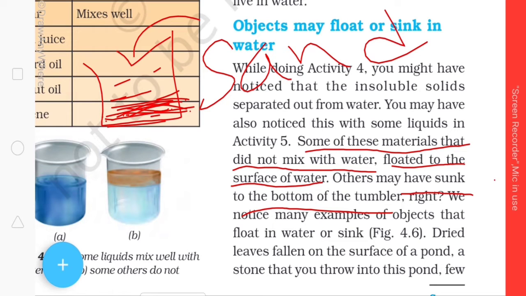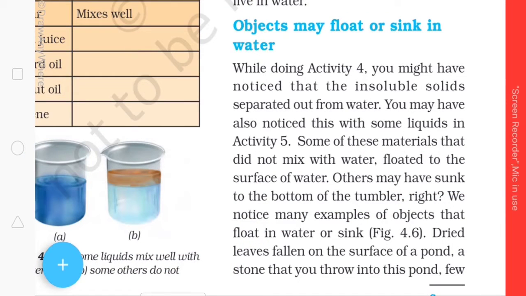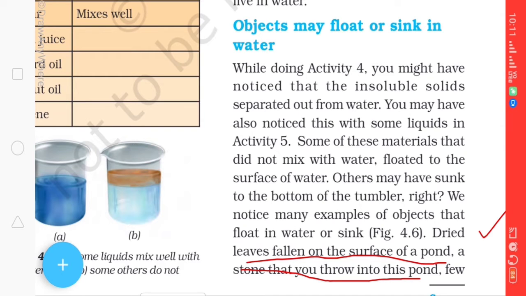Yes or no? Yes. Now again let's see: dried leaves fallen on the surface of a pond, a stone that you throw in this pond. These are some examples. Dried leaves are very light in weight, isn't it? So if they fall on the water, they will float on the surface of the water.